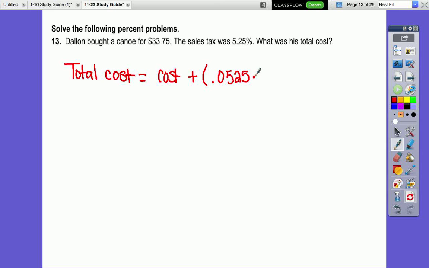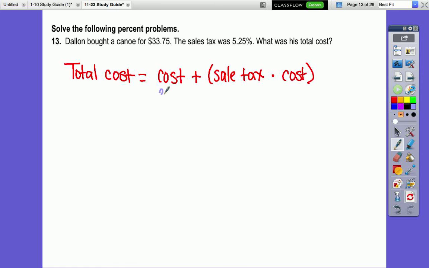So let me back that up. I'm not going to redo this video. We're just going to back it up. So you're going to take your cost. I don't like how cost is written. So you're going to take your cost and you're going to add that to your sales tax times the cost. So now I am going to substitute for my variables or my titles.